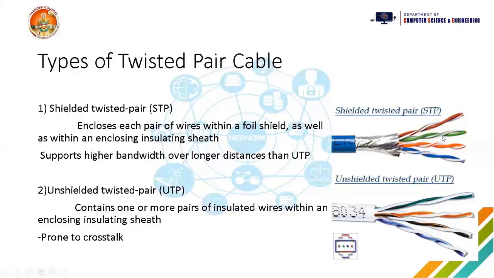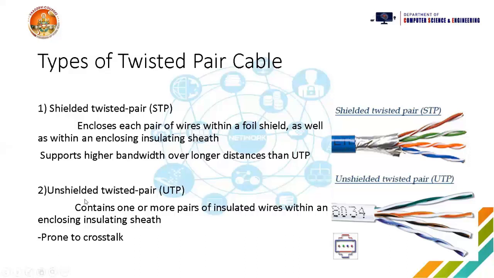There are a total of 4 pairs, nothing but 8 individual wires twisted upon each other, and these twists are done in order to reduce the crosstalk and the disturbance. This is the shield, silver foil present over the wires, to provide safety and security again. And over it we have the outer jacket.